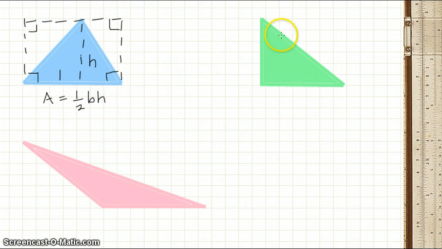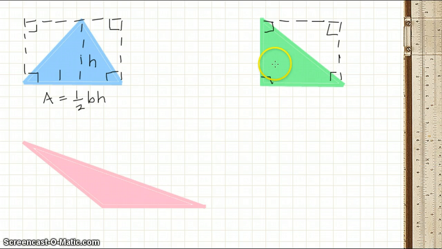Now moving on to this green right triangle, we'll be doing pretty much the same thing. We're going to turn this into a rectangle as well, drawing in our dotted lines to give the illusion of a rectangle. Now we have our 90-degree angles in all 4 corners again.